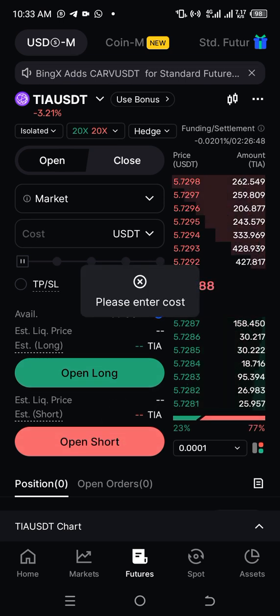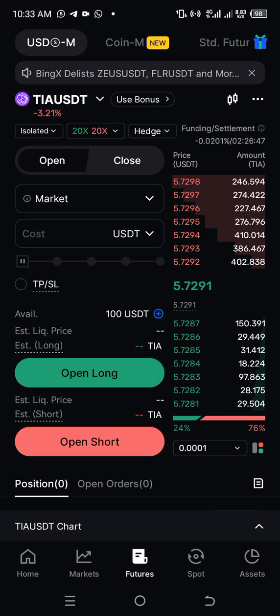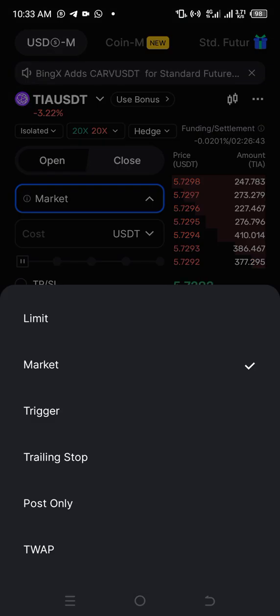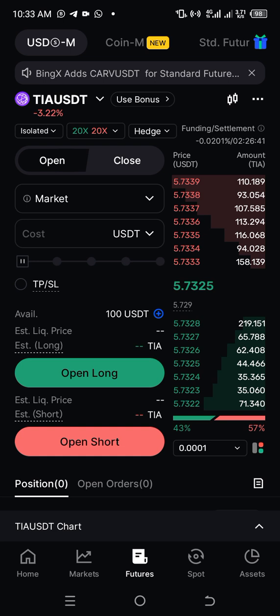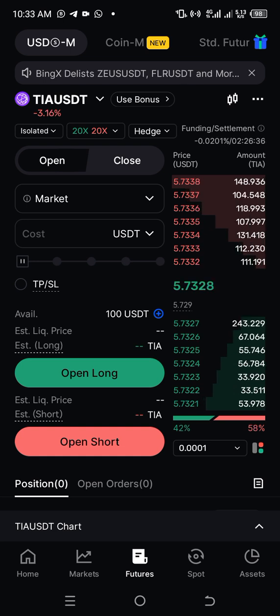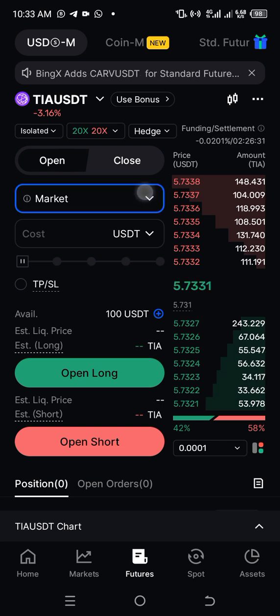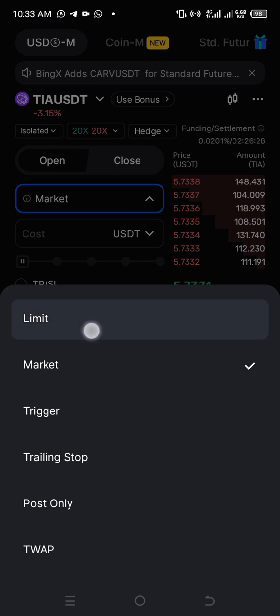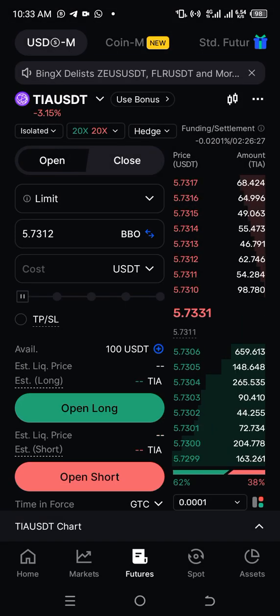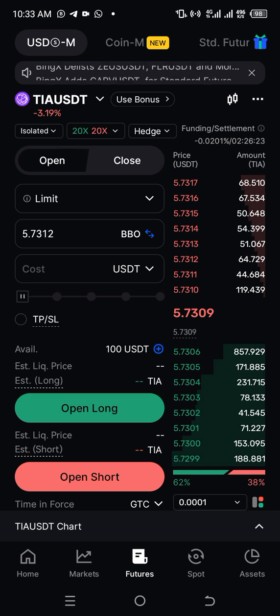Simple as ABC. Here we have the market, which simply means the current market price. If I click on short right now, the market is going to start selling; if I click on buy right now, it will buy immediately. But if I choose limit, I'll need to enter the price of the limit that I want to set.